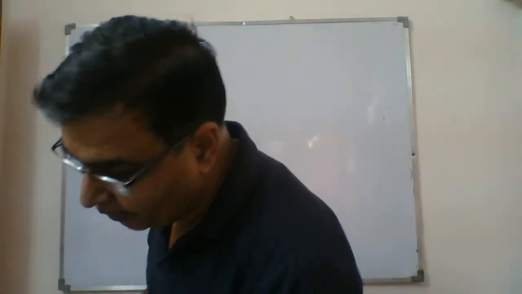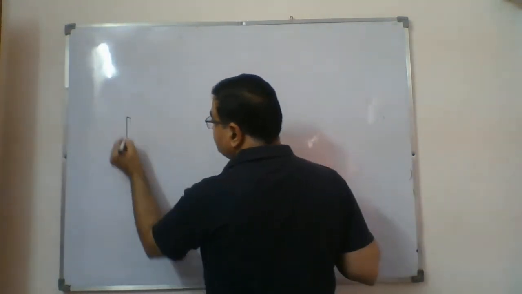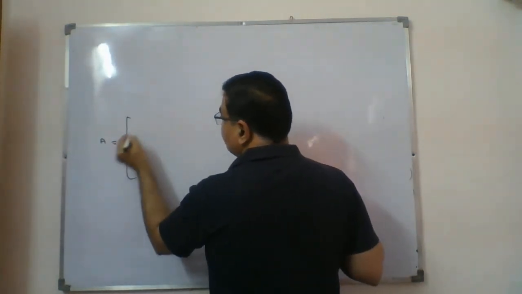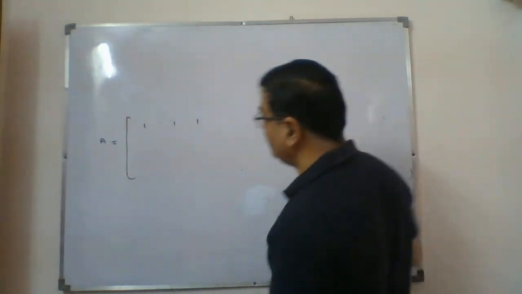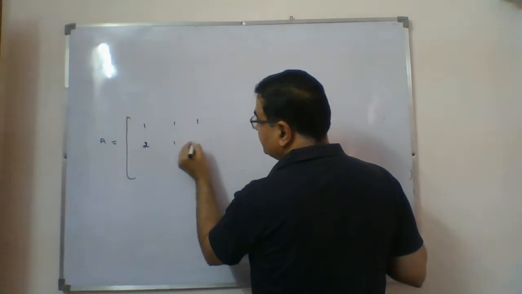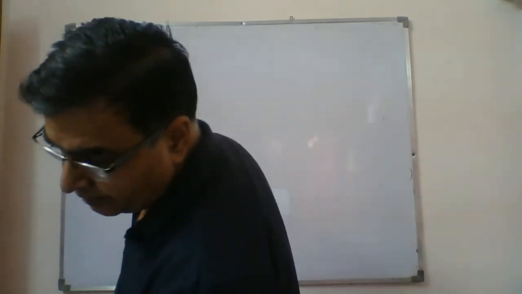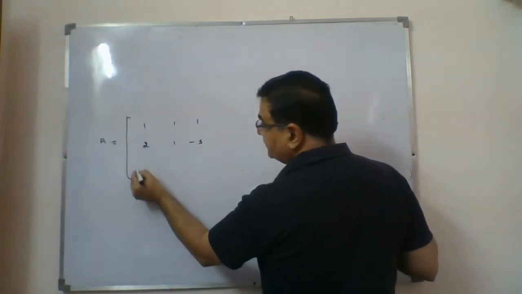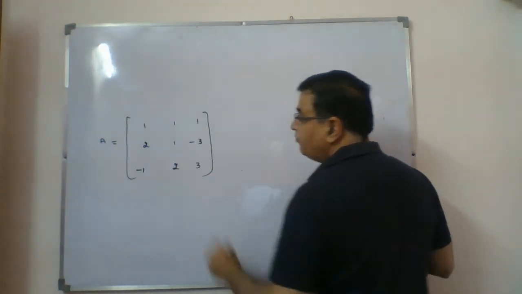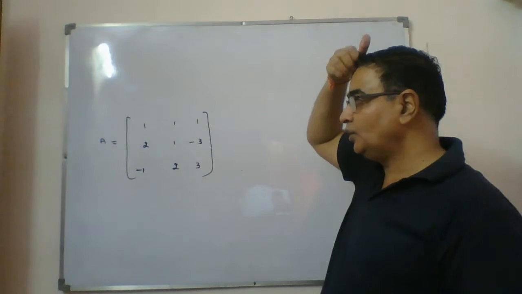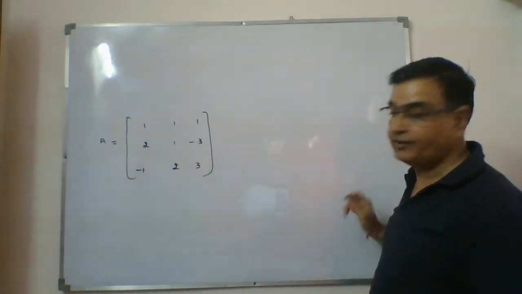So just taking one matrix A, it is 1 1 1, 2 1 minus 3, then minus 1 2 and 3. And my question is, you find out what is the adjoint of this matrix.